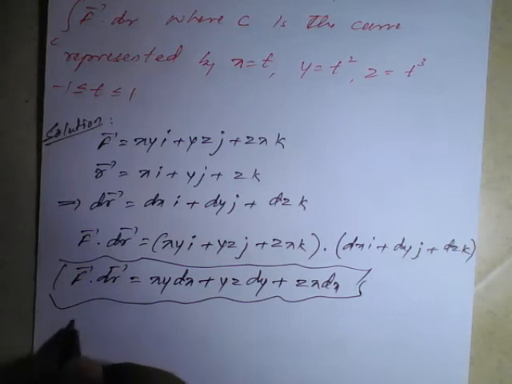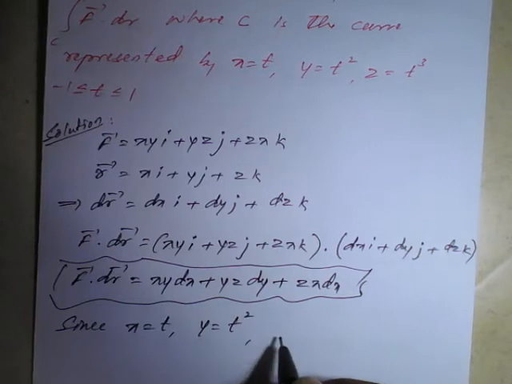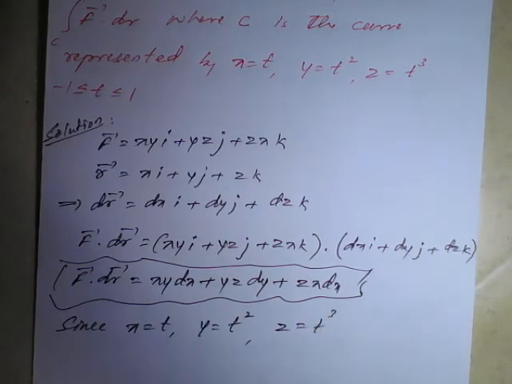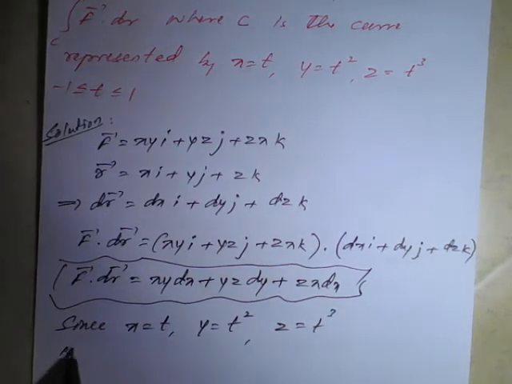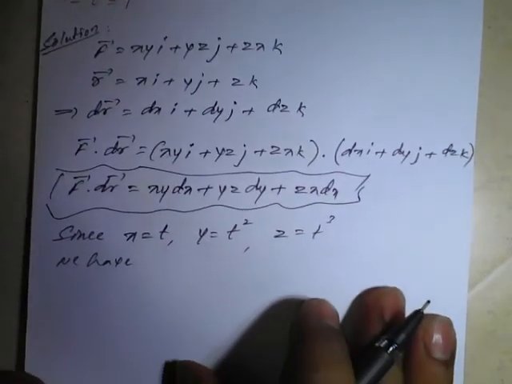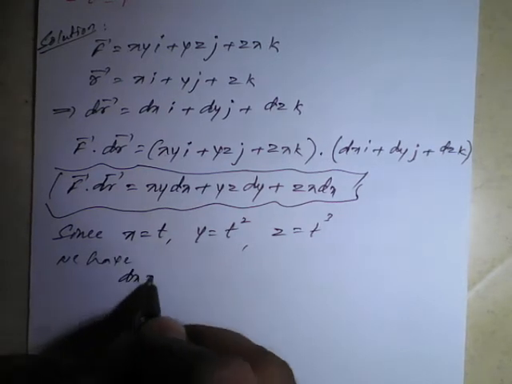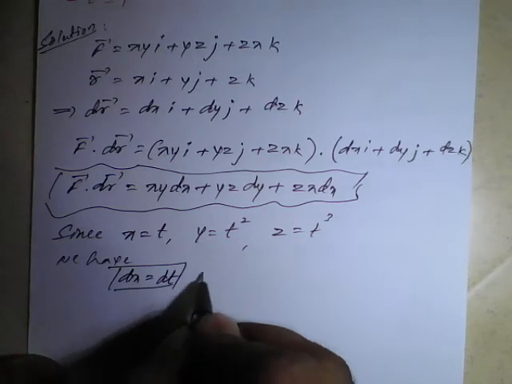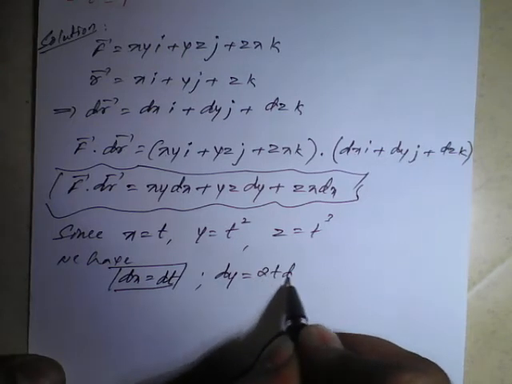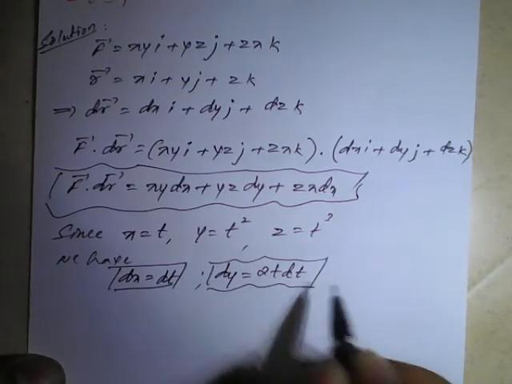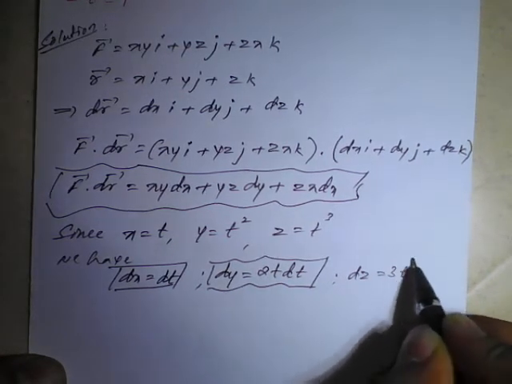So now since x is t, y is t square and z is t cube, we have, differentiating this, x is equal to t will become dx is equal to dt, differentiation of y is equal to t square is nothing but dy is equal to 2t dt, and z will become dz is equal to 3t square dt.